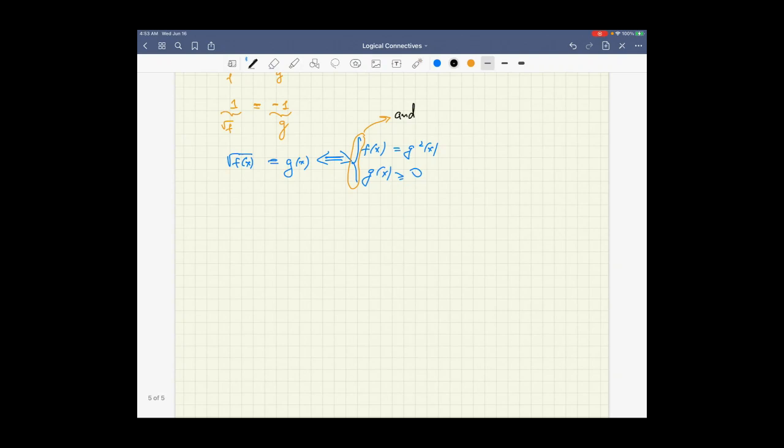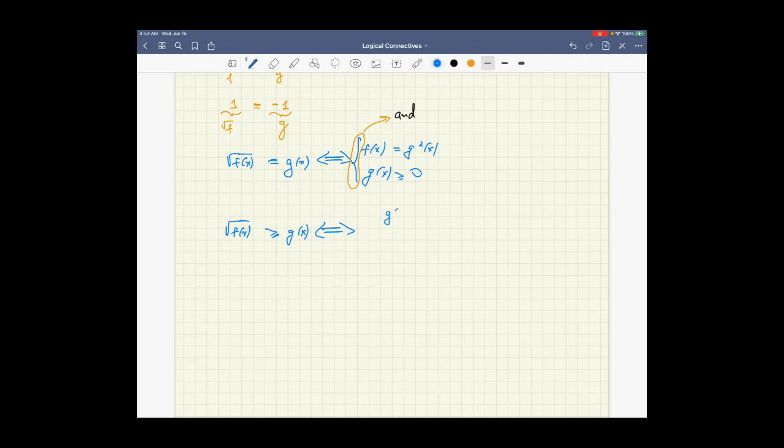Say, for example, you are solving the inequality root f is greater or equal than g. What would this be equivalent to? Well, that depends whether the right-hand side g is positive or negative. Right?